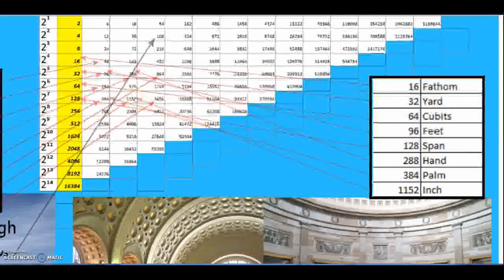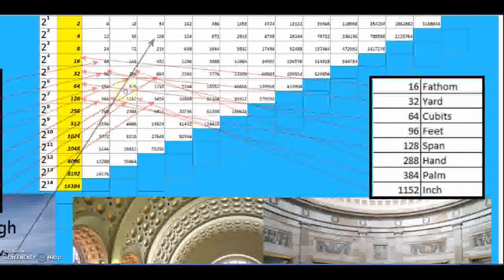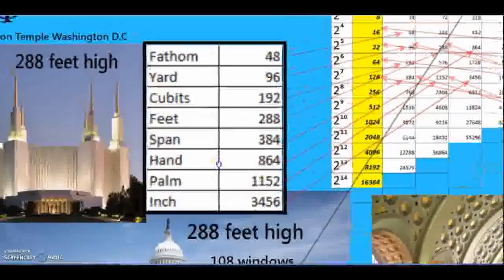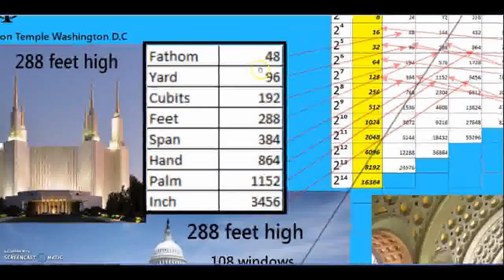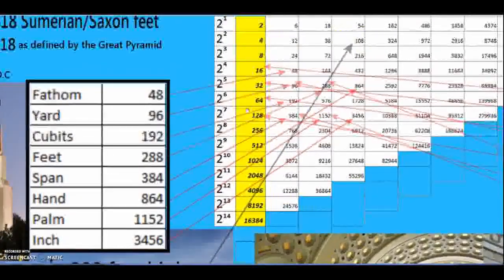So 1152, 384, 128, 64, etc. In the earlier episodes, we already went through numbers like 864, 3456, and the rest of these will appear, of course, on this harmonic chart.